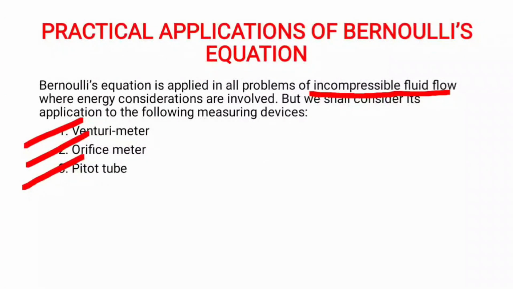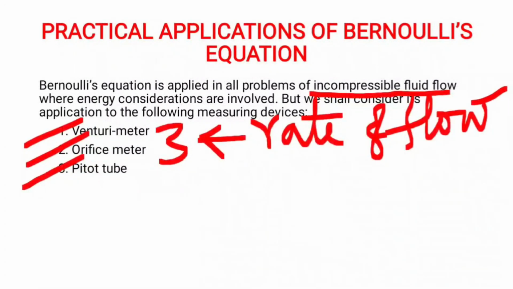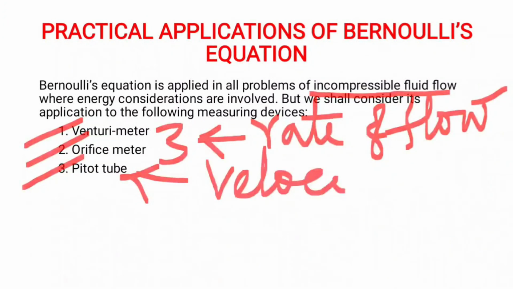They work based on the Bernoulli's equation. Venturimeter and Orifice meter are used to measure the rate of flow, that is discharge, and the Pitot tube is used to measure the velocity.